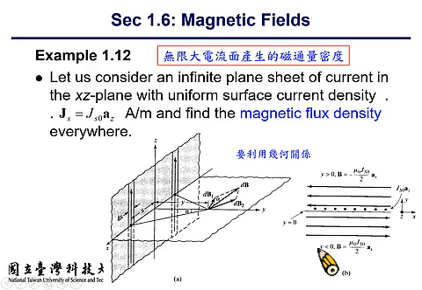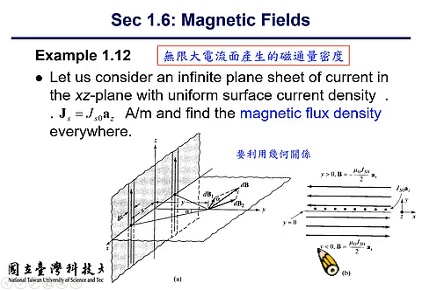So next, in example 1.12, we shall calculate the magnetic flux density due to an infinitely large surface current. Before we proceed to the solution of this example, let's try to guess the result. If you have a point current source, the magnetic field produced is inversely proportional to the square of distance.